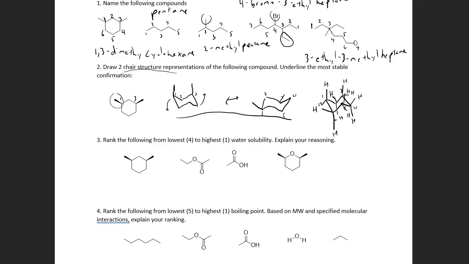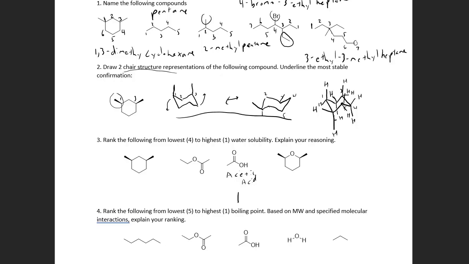In fact, this carboxylic acid, acetic acid, is water soluble. So this dissolves in water. This is vinegar, and we know vinegar dissolves in water. So this is going to be the most water soluble.